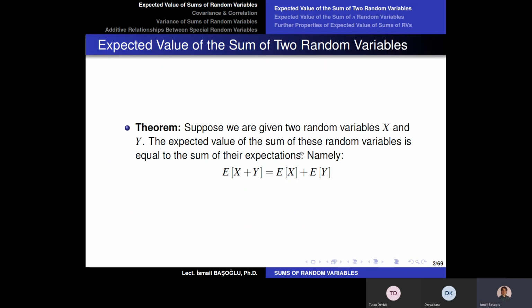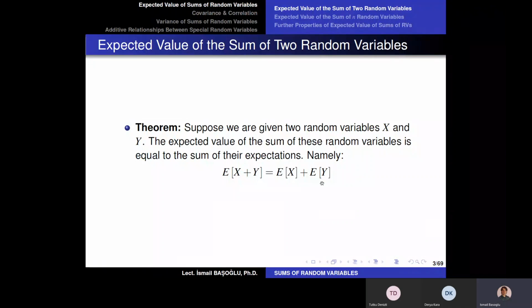The expected value of the sum of these random variables is always equal to the sum of the respective expectations. In other words, if you're interested in calculating the expected value of X plus Y, then you can simply calculate the expected value of the first random variable, then the expected value of the second random variable, and sum them up. So in short, the expected value of the sum is equal to the sum of expectations.